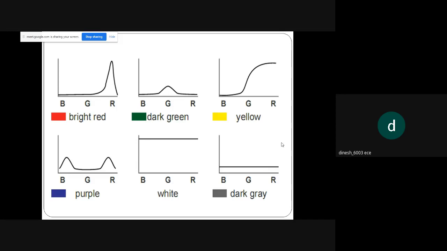For yellow, there will be a variation in the peak of green and red. For purple, blue and red. For white, all of blue, green, and red, which are the primary colors, will be at peak. If it is dark gray, everything will be at a nominal level. You can see from this diagram.